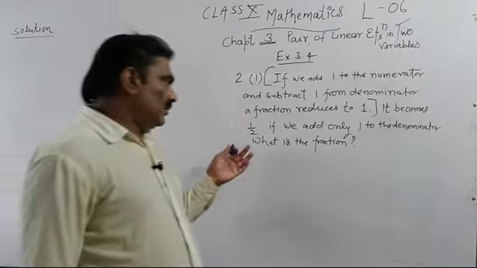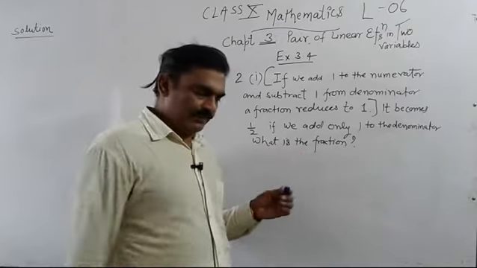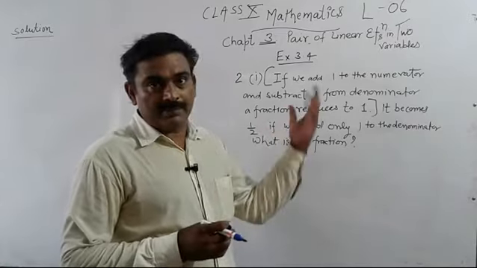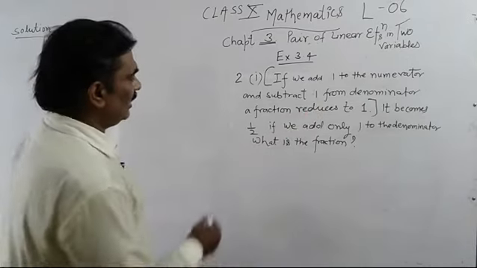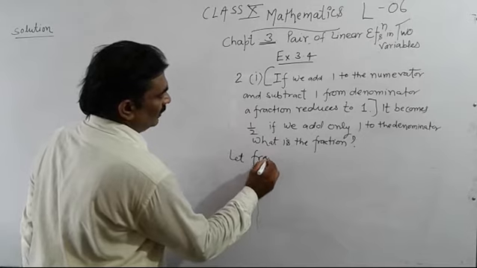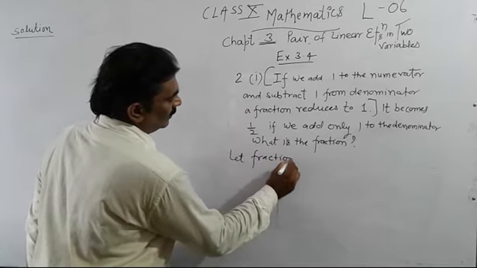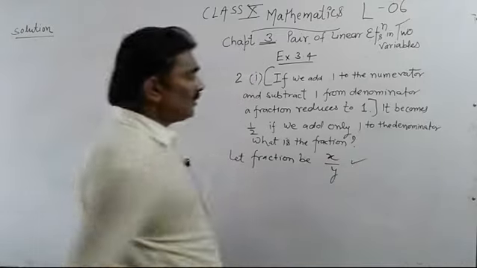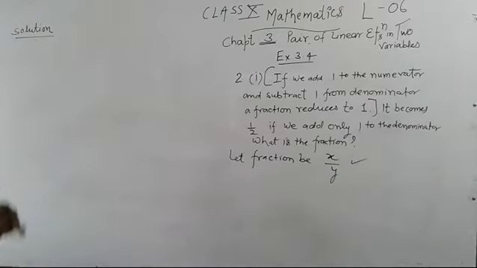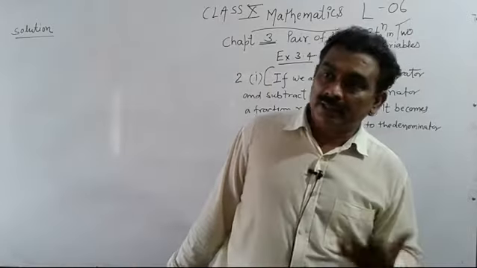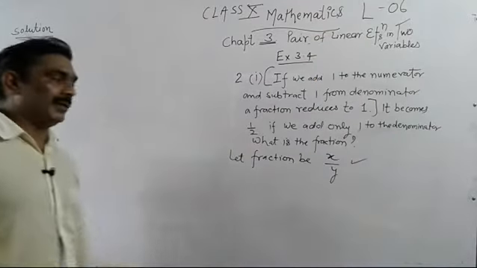So here the question is what is the fraction, and in case of a fraction there is a numerator and denominator. So here let us suppose that the fraction be x upon y. So students, first of all here we suppose that the fraction is x upon y, x is a numerator and y is the denominator.